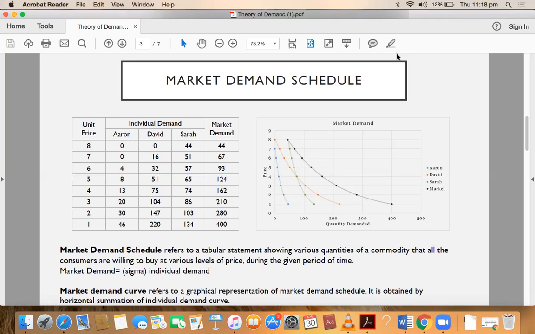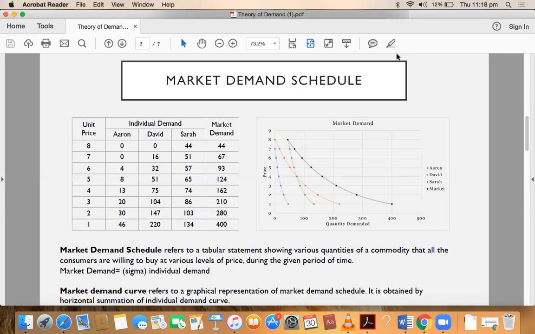In the first column, the price of the commodity in rupees is given. Then individual demand of Aaron is given in the second column. Third column, individual demand of David is given. Fourth column, individual demand of Sarah is given. And fifth column, market demand is given. Market demand is the sum total of individual demand.